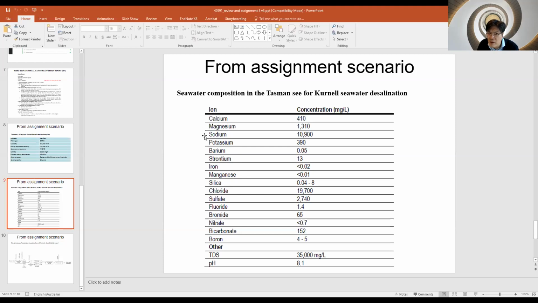magnesium, potassium. They are all nutrients, right? And then some compounds, iron, it's also a useful mineral, and then lithium. In seawater we also have a lithium compound, which is a battery material. Yeah, that's true.